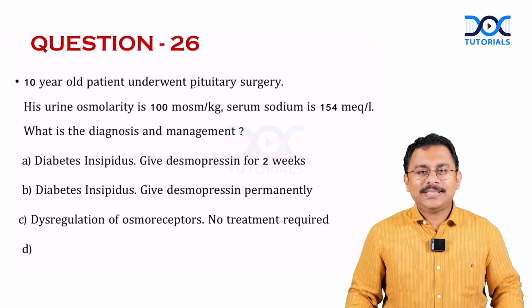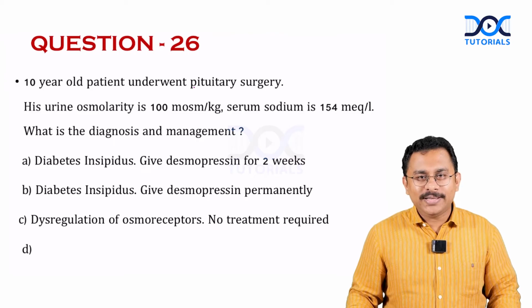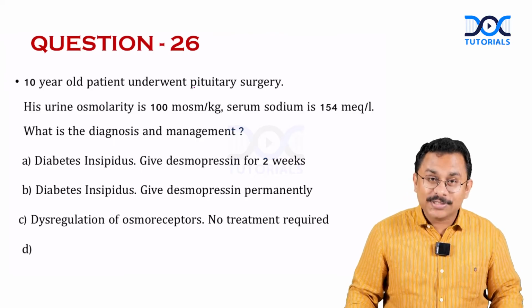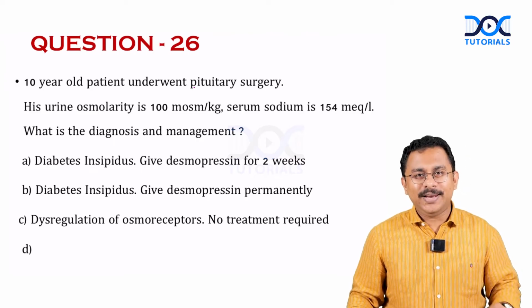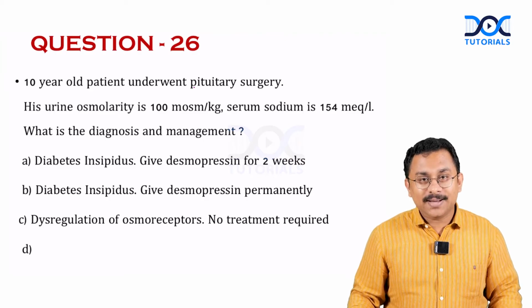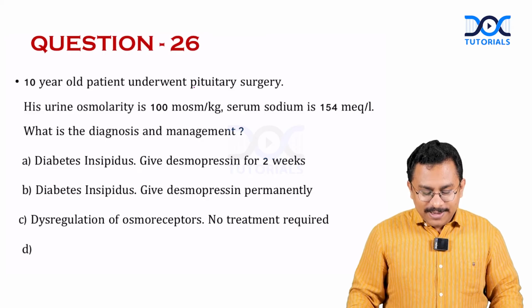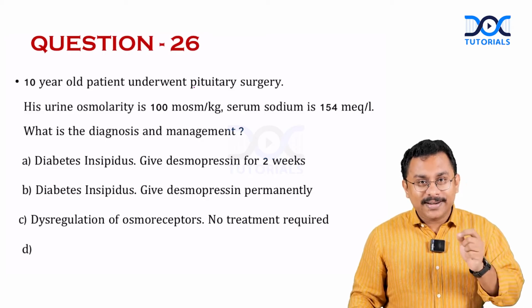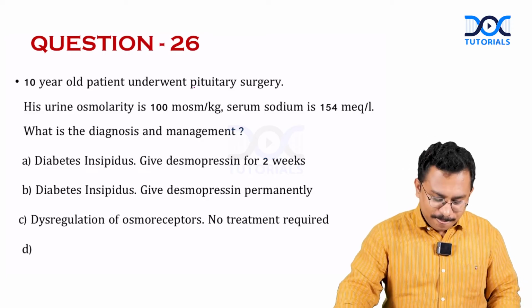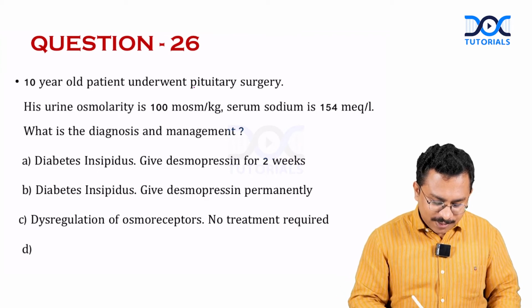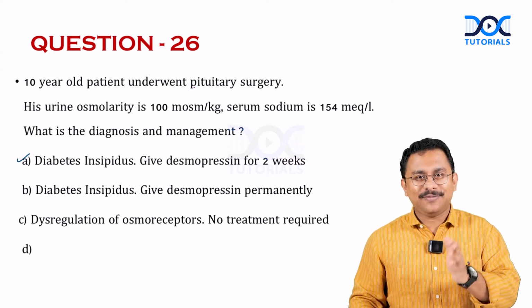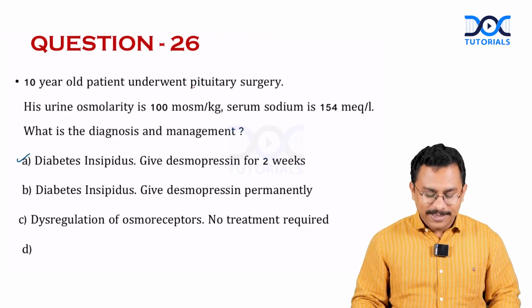A 10-year-old patient recently underwent a pituitary surgery, following which his urine osmolality is 100 milliosmol per kg and serum sodium is 154 milliequivalents per liter. They are asking about the diagnosis and the management. If you look at the options, each option has two parts, one for the diagnosis and the other for the management.